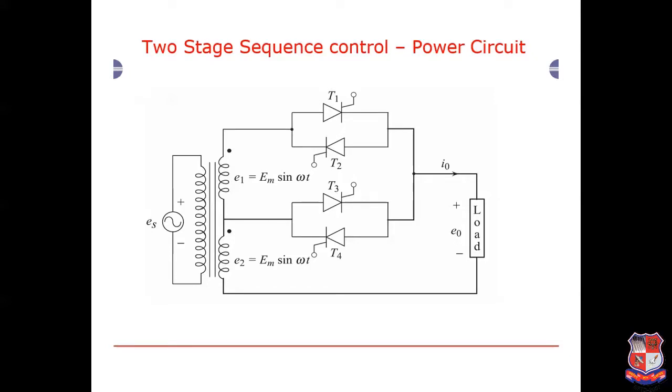So, in this case, first of all, thyristor T3 is turned on. Therefore, the positive output voltage we first get is E2, and then thyristor T1 is turned on. So the output voltage we get is E1 plus E2.